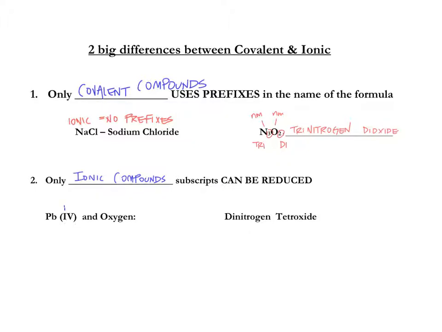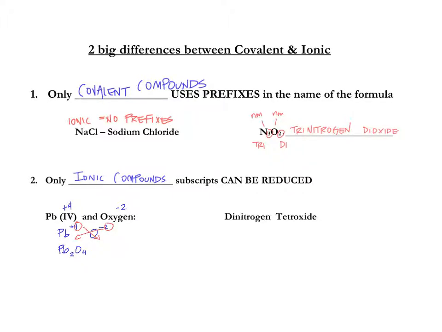So lead 4, this means that lead has a +4 charge and oxygen has a -2 charge. So lead +4 and oxygen -2. When I crisscross those charges, I bring the 2 down here and the 4 down here, and I get Pb2O4.